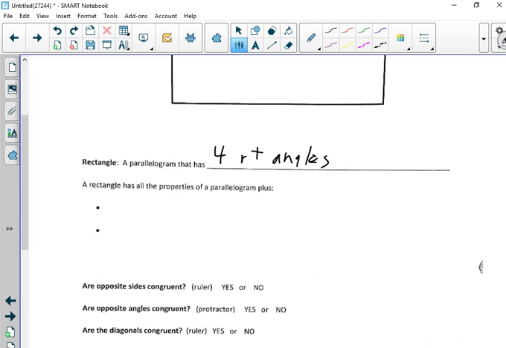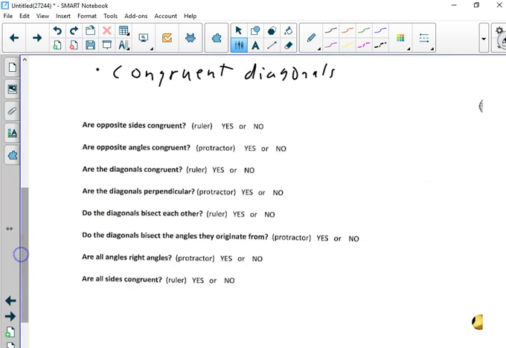So it's everything the parallelogram has plus the four right angles and congruent diagonals. So, are the opposite sides congruent? Yes. Are the opposite angles congruent? Well, yes, because they're all 90. Are the diagonals congruent? We just said that.